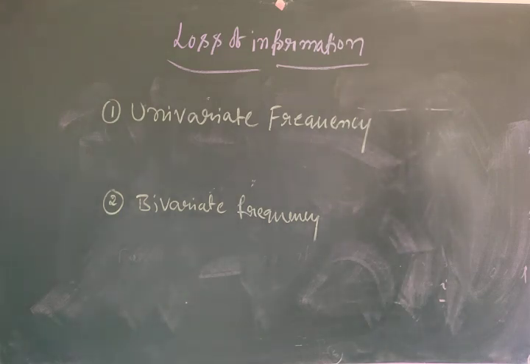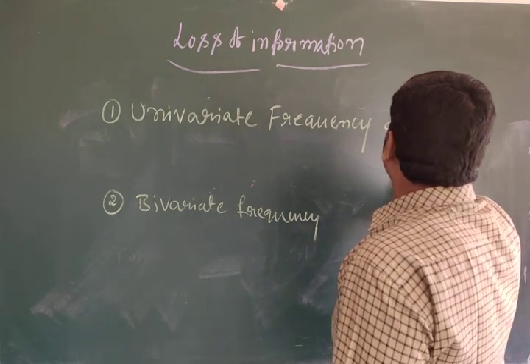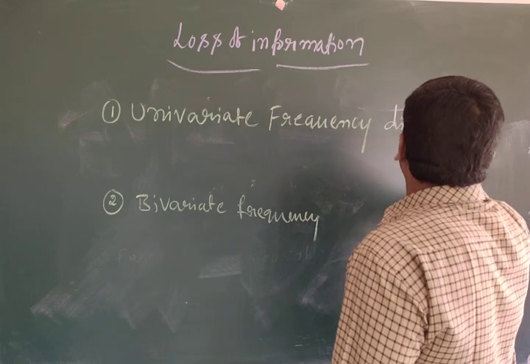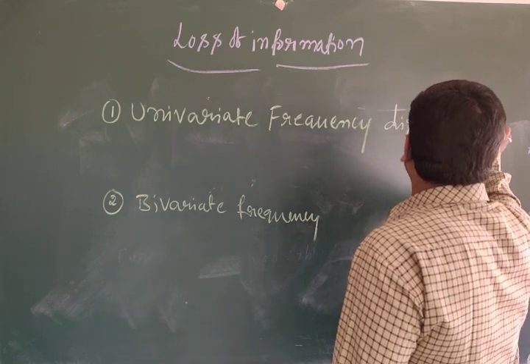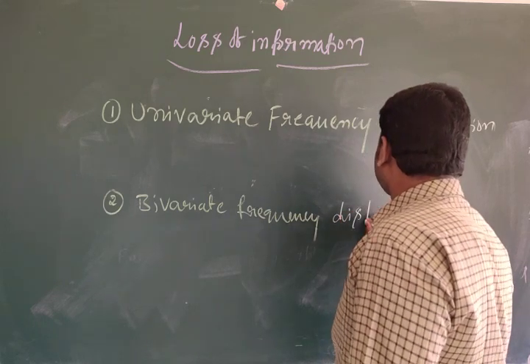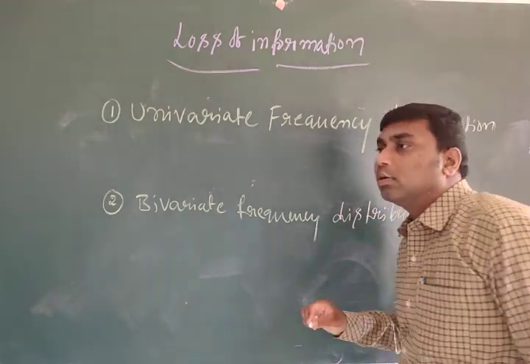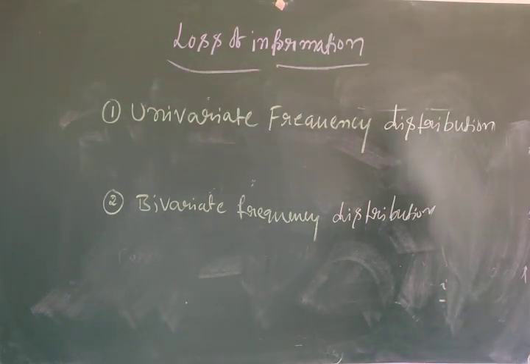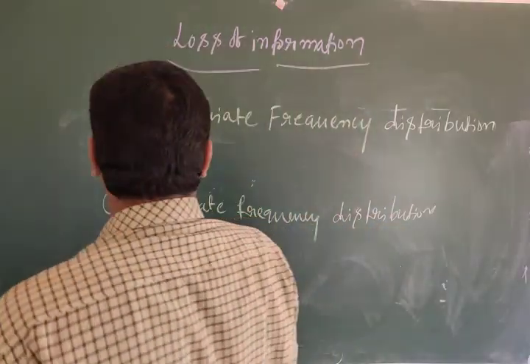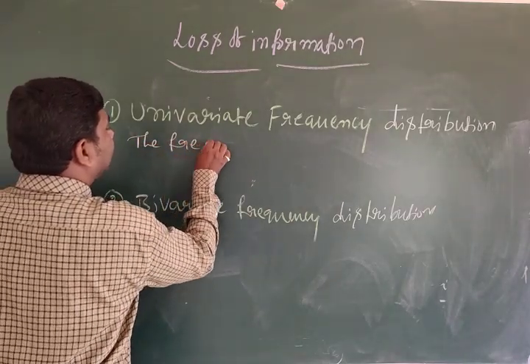What is the meaning of univariate frequency distribution? It is the frequency distribution of a single variable.